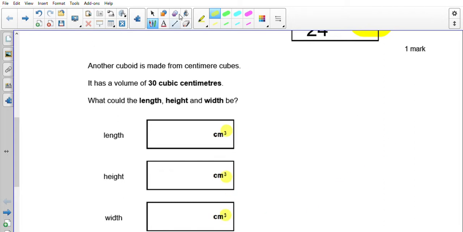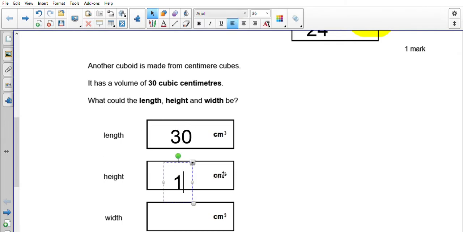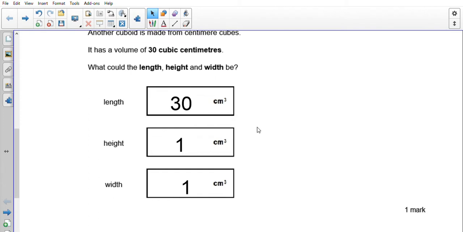So, ignoring that, to make this as straightforward as possible, you could simply put in 30, 1 and 1, and you're going to get 30 centimetres cubed. Any dimensions that you multiply together to get an answer of 30 will be the correct answer.